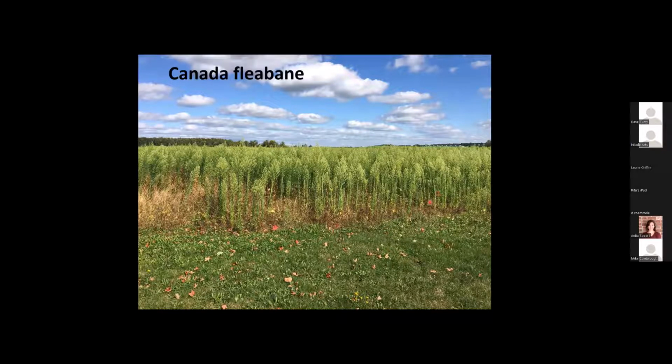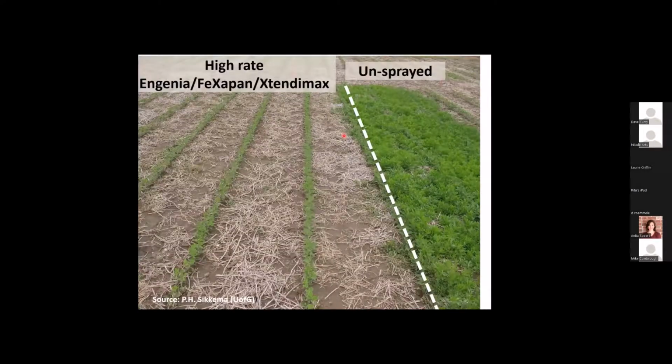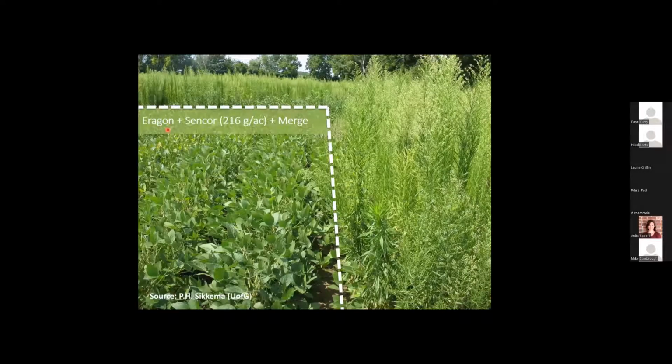So maybe residual herbicides aren't necessarily as important, but if we look at herbicides with residual activity like the dicamba products, whether that's in Ingenia, Fexapan, or Extendamax, we're clearly getting very good control of Canada Fleabane, or the combination of a contact herbicide like Aragon with a residual herbicide like Sencor, again, gives us excellent control of Canada Fleabane.